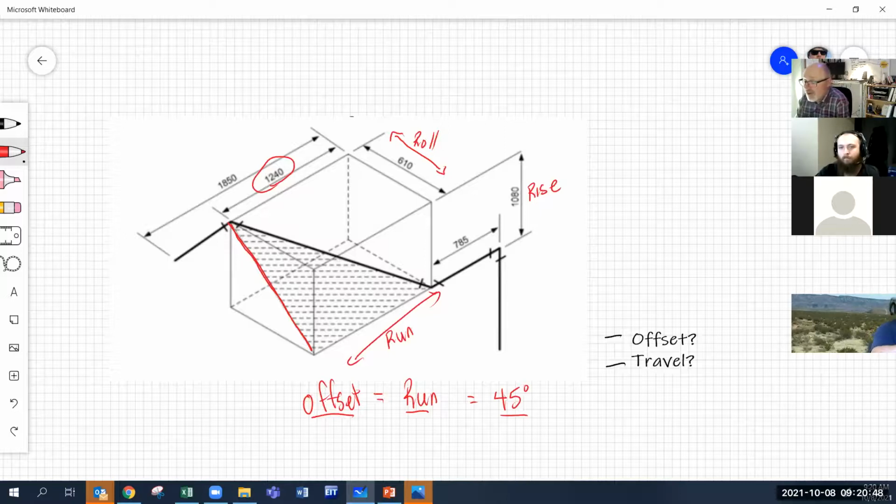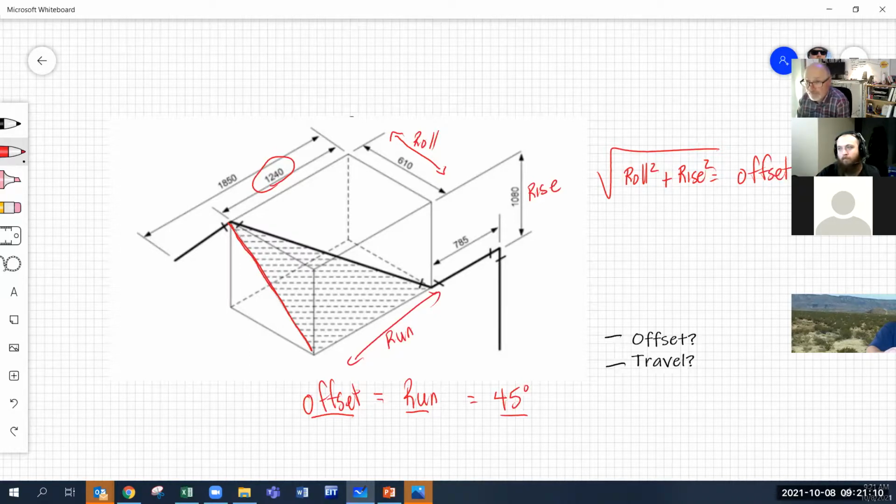To find that, remember the formula to find the offset was the roll squared plus the rise squared, shift, square root, is equal to our offset. So is our offset the same as our run?